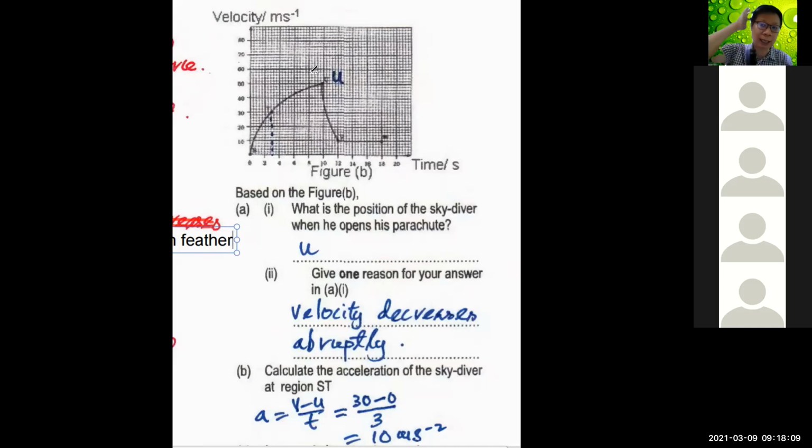In your syllabus, you haven't learned how to find the gradient of a curve, unless you learn later on in additional maths. In additional maths, you find dy/dx. I'm an additional maths teacher, actually. So, teacher, I thought additional maths is longer than teaching physics, do we need to use differentiation in solving physics?